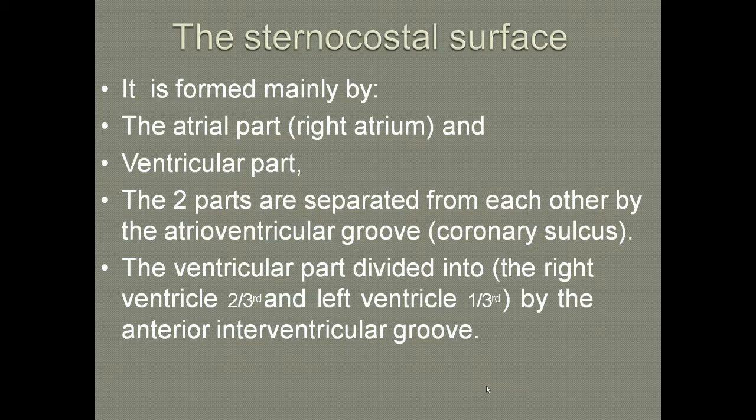Sternocostal surface is formed mainly by the atrial part, that means right atrium, and the ventricular part. The two parts are separated from each other by the atrioventricular groove, that is called coronary sulcus, and the ventricular part is divided into right ventricle 2/3 and left ventricle 1/3 by the anterior interventricular groove.